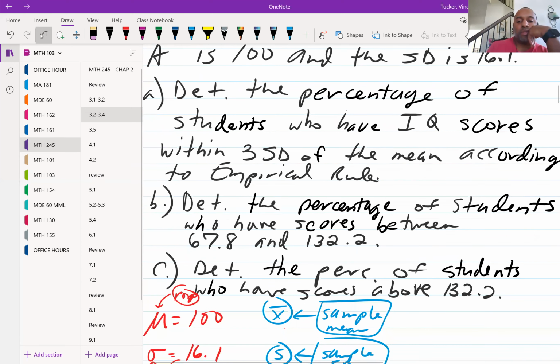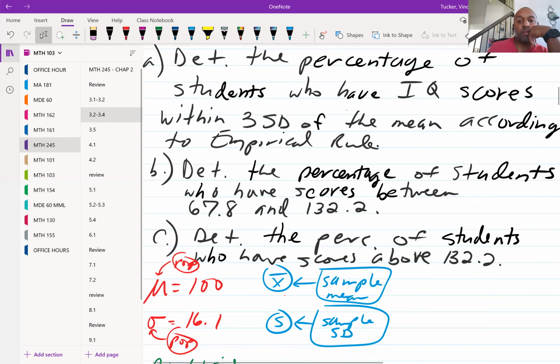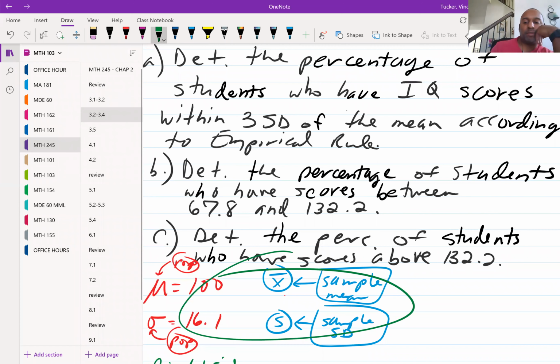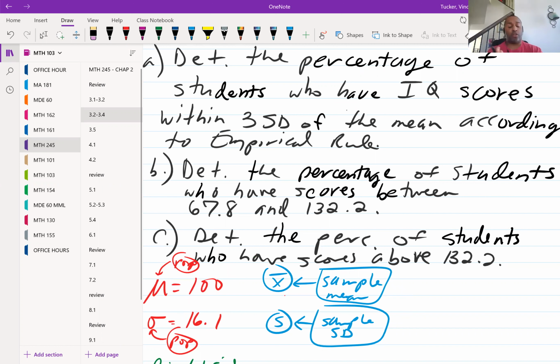Okay, so scrolling up a little, just going to establish what was given. Like I mentioned before, our mean is 100, standard deviation is 16.1. Here I was just emphasizing the symbols again. If it was the population, we're using mu and sigma. If it was a sample, that's why I was writing over here in the blue, then we would use X bar and S. So you really don't need this. I was just re-emphasizing notation.